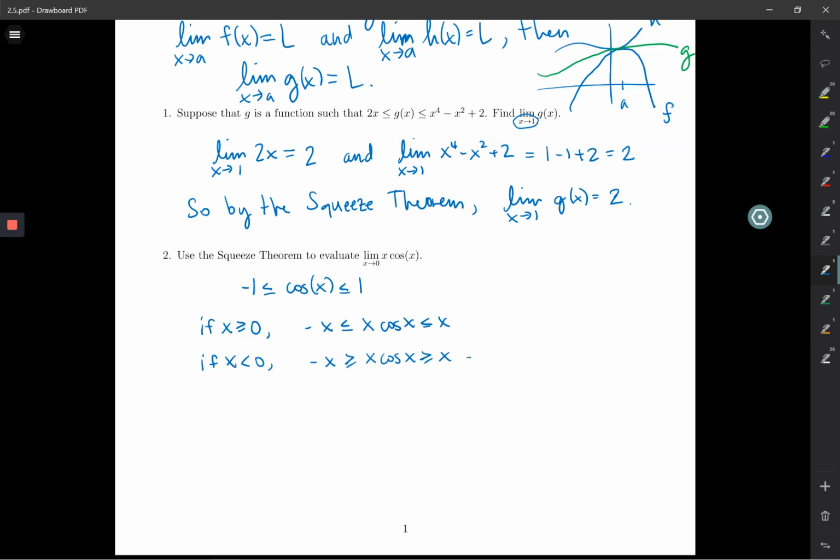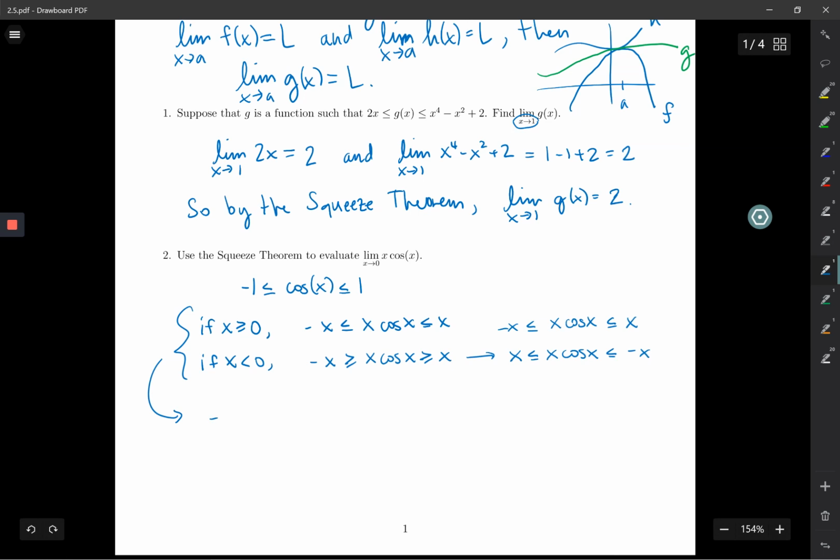So let me rewrite this one as x cosine x is less than or equal to negative x, and then, okay, so together what these two things tell us, putting these two together, is that negative absolute value of x is less than or equal to x cosine x is less than or equal to absolute value of x.